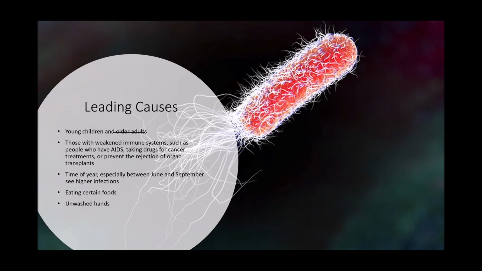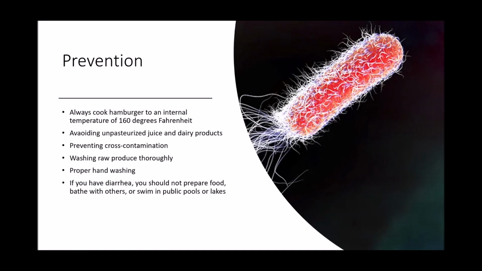Those most affected are young people and older adults, and those with weakened immune systems, such as people who have AIDS, those who are taking drugs for cancer treatments, or to prevent the rejection of organ transplants. The time of year, especially between June and September, sees higher infections, as do eating certain foods and unwashed hands.